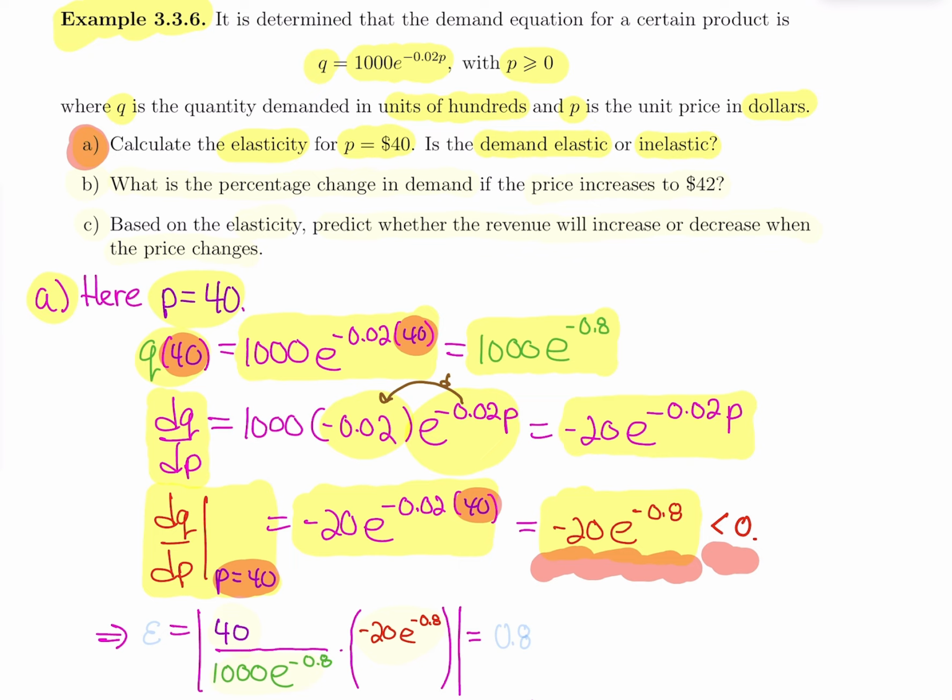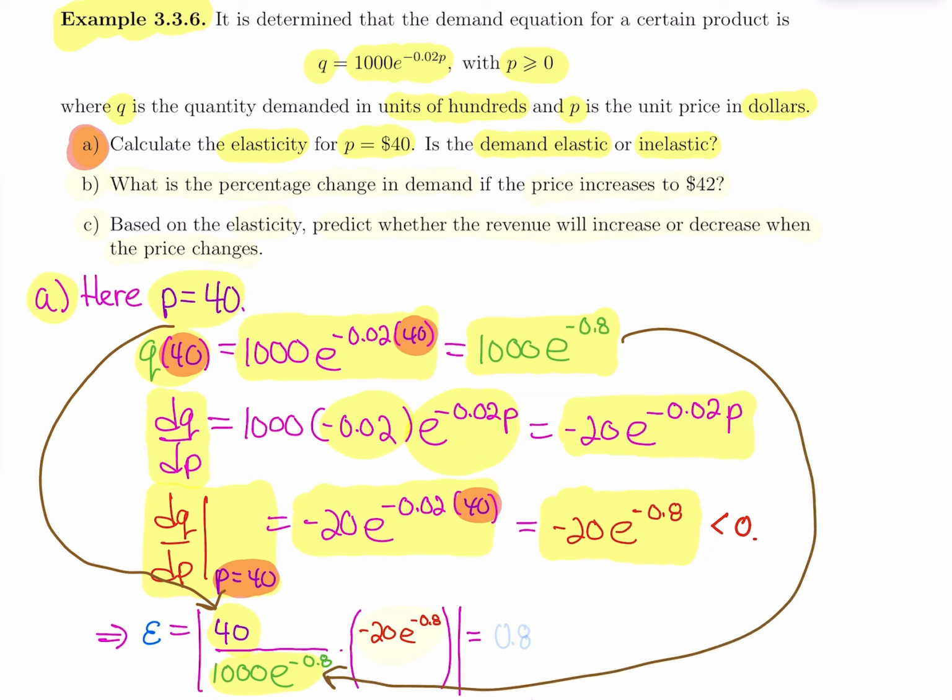Now for the elasticity, the only thing you have to do is plug all the right numbers in the right spot. So it's P, so 40, over Q, which is 1,000 e to the minus 0.8, times the derivative of Q at 40, which we freshly computed to be minus 20 times e to the minus 0.8. Because we did not simplify, these e's will cancel perfectly.